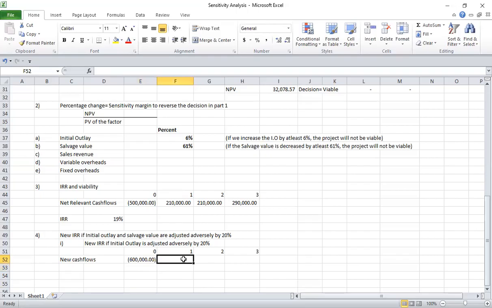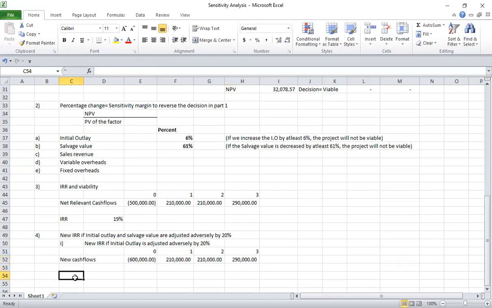Appreciate that the rest of the cash flows will not change. Under sensitivity analysis, we only change one factor at a time, yeah? So the only one that we change is this one for period 0.